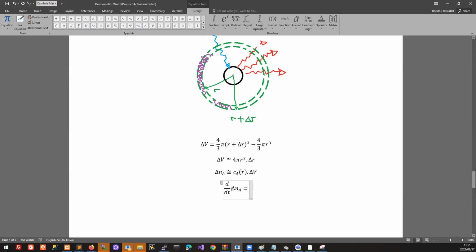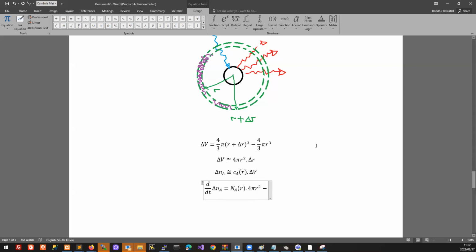So inside that region in the fluid, we have a certain number of moles, and that's changing because we have component A diffusing just on the inside here. So that's going to be NA, and this is the flux at position R. And then the area on the inside there is going to be 4 pi r squared.